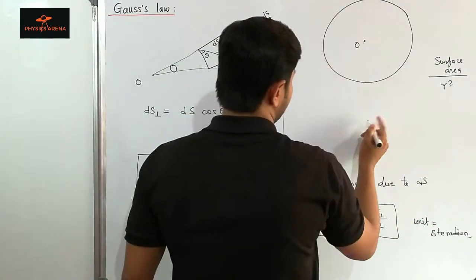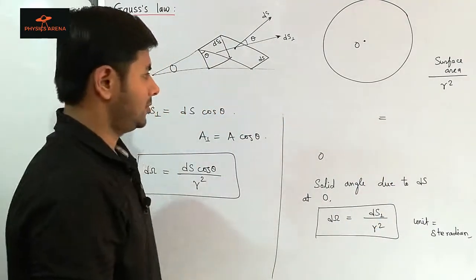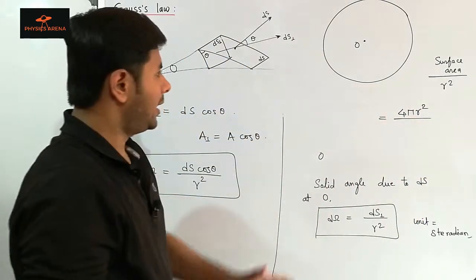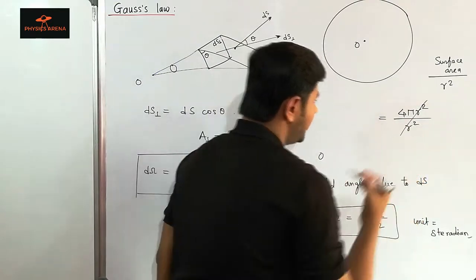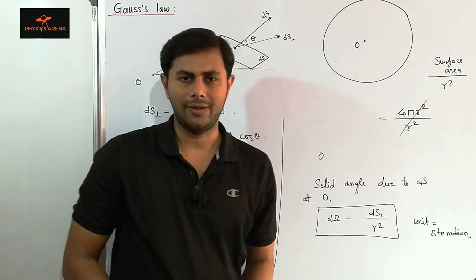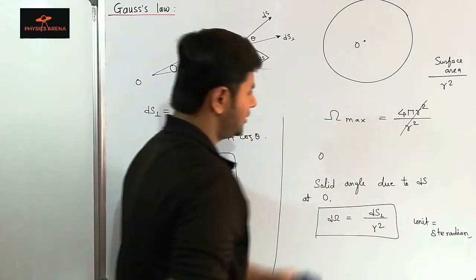In this case, the total surface area is 4 pi r square, the surface area of a sphere, divided by r square. So r square and r square cancel, and we get the maximum solid angle, which we will call omega max, equal to 4 pi.